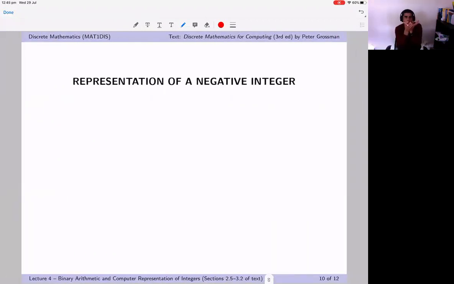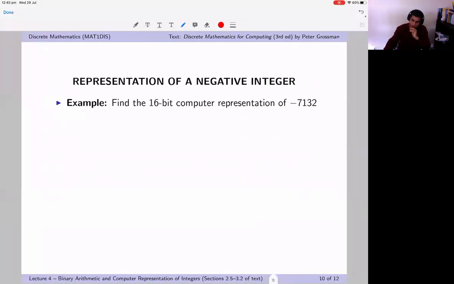Now we're done with positive. Now to deal with the negatives. How are we going to deal with the negatives? Remember, if the number is negative, the first bit, the sign bit, is 1.